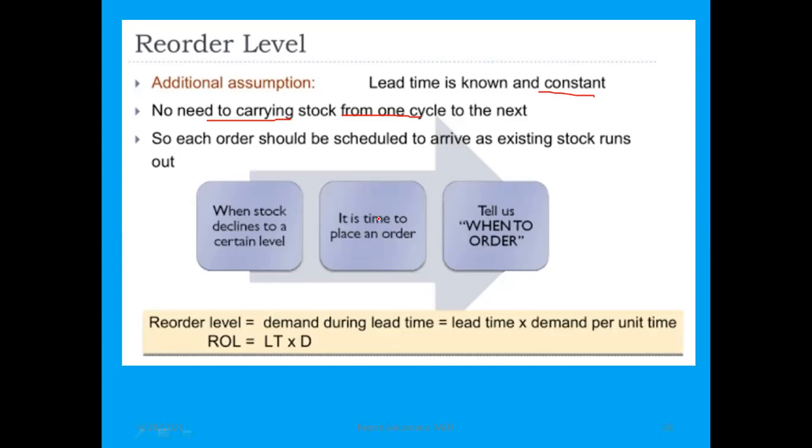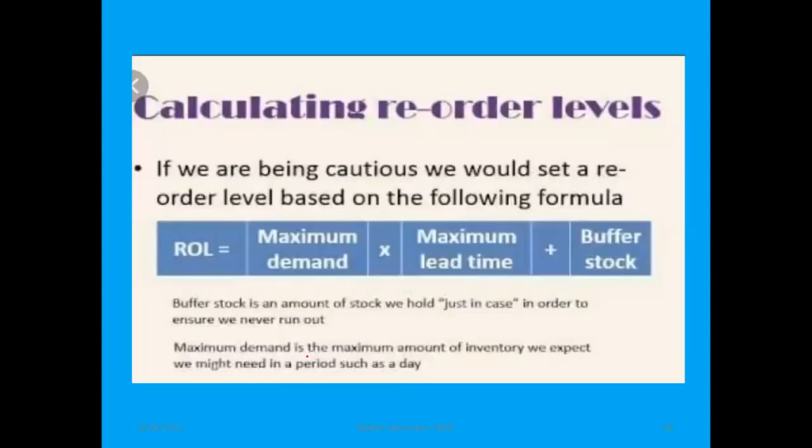Demand during the lead time is equal to lead time into demand per unit. Therefore, ROL is equal to LT into D. That is the answer. Now, how to calculate the reorder level?